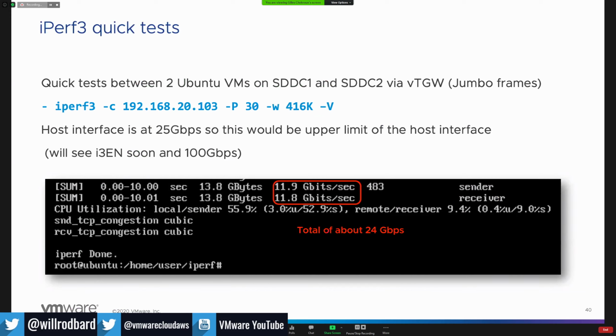Interesting, because our host interface is 25 gig physically. I did a quick test with two VMs on two SDDCs with jumbo frames, and I used iPerf, and I got about 12 gig send and 12 gig receive, which is about 24 gig on one network interface. Not bad.